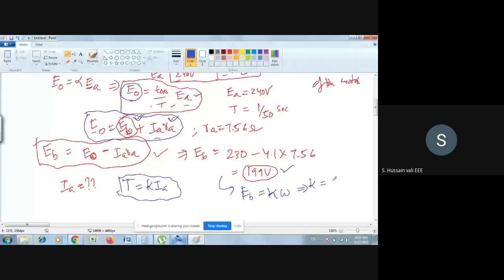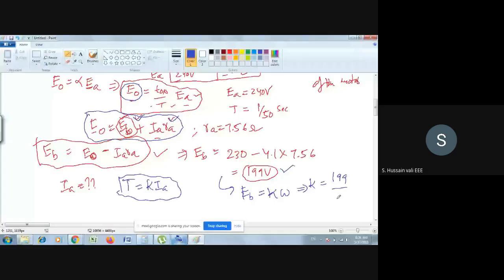EB is 199 volts, which we already have, divided by omega. Omega is 2 pi N by 60, where N is 500 RPM. So this way we can find K. What is K from this?